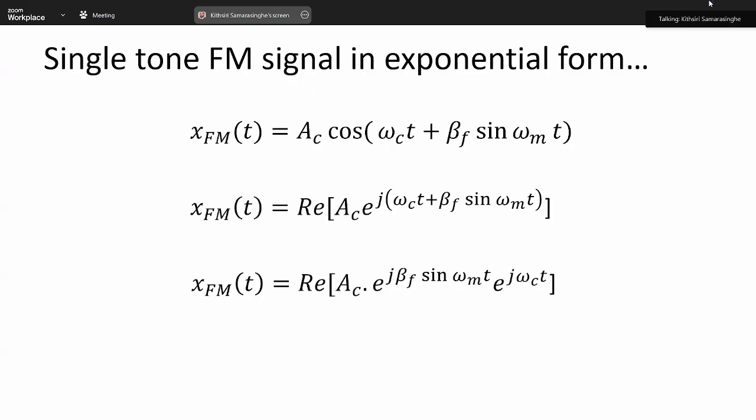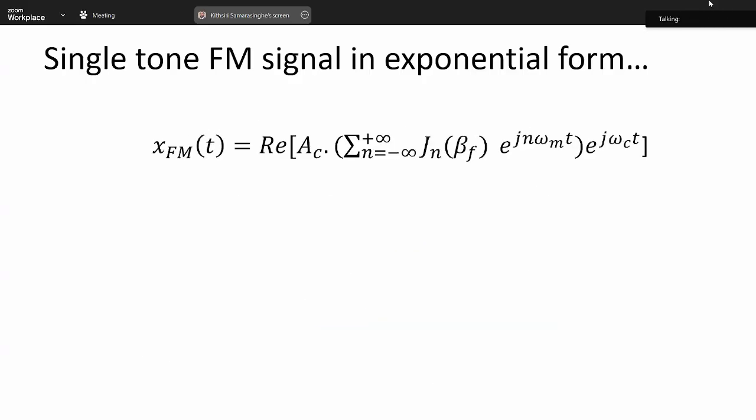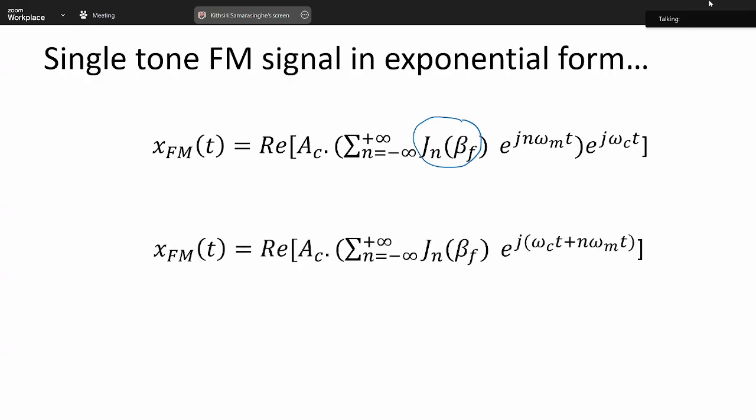This is that same FM equation in exponential form, which we already did. We now replace this with the Fourier series, like that, and the Fourier coefficients we have now calculated as Jn(beta) values. So the real part of Ac times the Fourier coefficients.